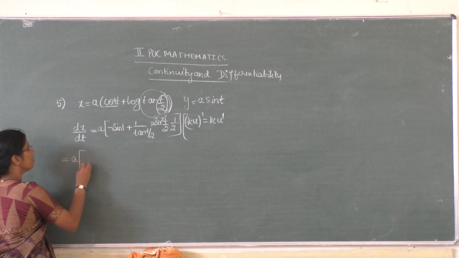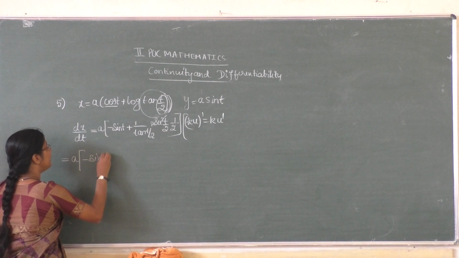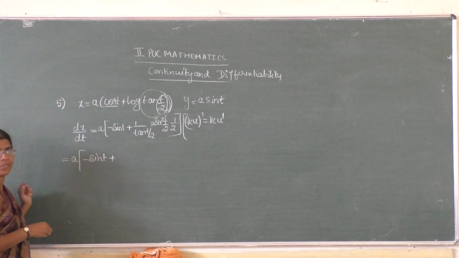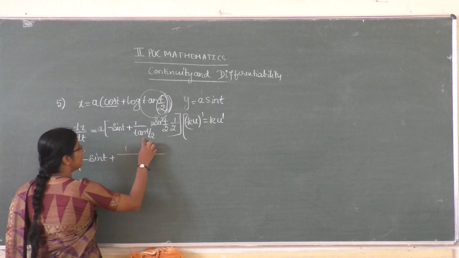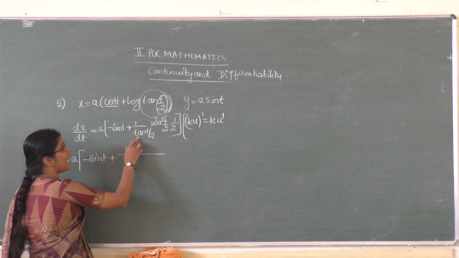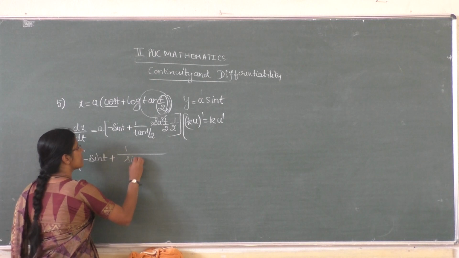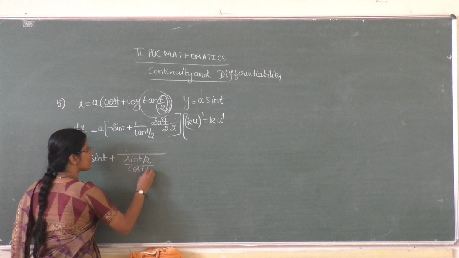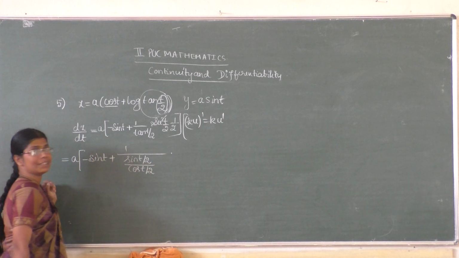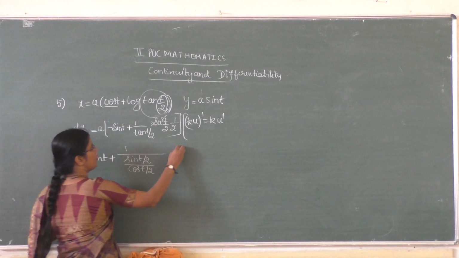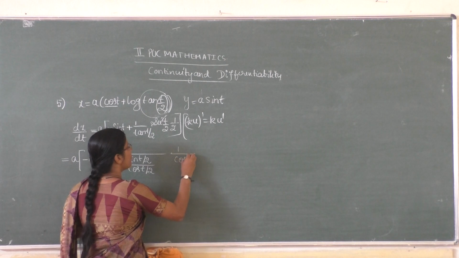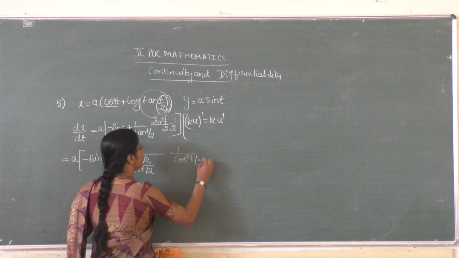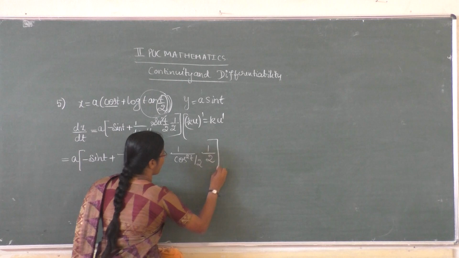So a into minus sin t plus 1 by tan t by 2. Tan t by 2 can be written as sin t by 2 divided by cos t by 2. Similarly, secant square t by 2 can be written as 1 by cos square t by 2 into half.